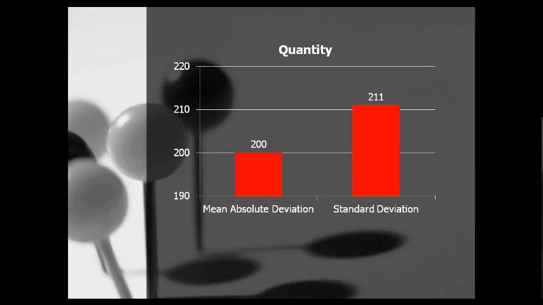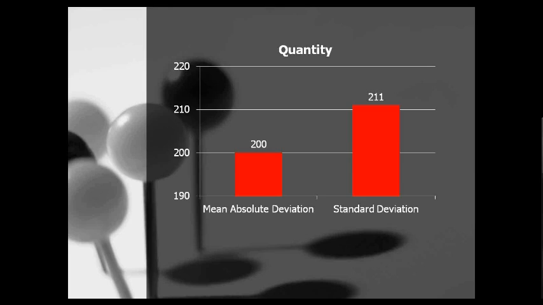The chart that you have here is the mean absolute deviation and the standard deviation calculated based on that forecast information we looked at in the previous slide. So, which you use, it's really up to you to decide how accurate you need the information to be that you're calculating your safety stock on.